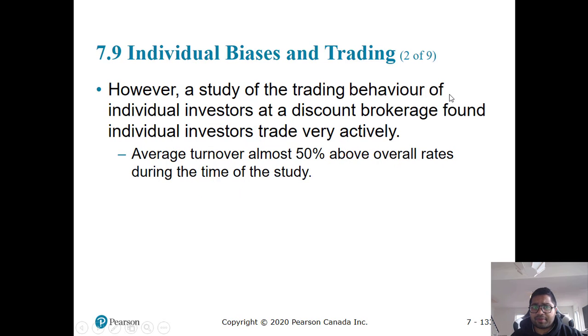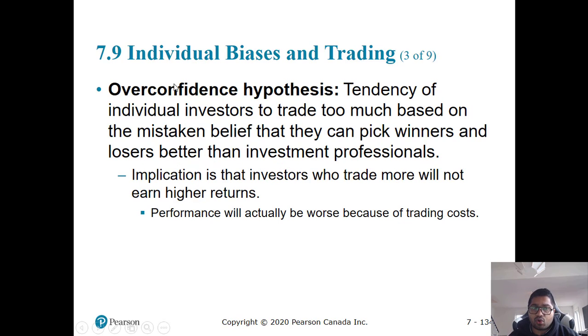However, a study of trading behavior of individual investors at a discount broking firm found that individual traders trade a lot, that is, 50% more than the average, and then they lose money. Overconfidence is the tendency of individual investors to trade too much based on the mistaken belief that they can pick winners and losers better than investment professionals.